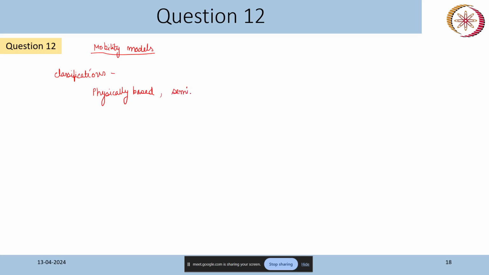What is an empirical model? I have already mentioned. So semi-empirical, this is completely physics based, and another type of mobility model is empirical. Now, in which scenario are these models used?